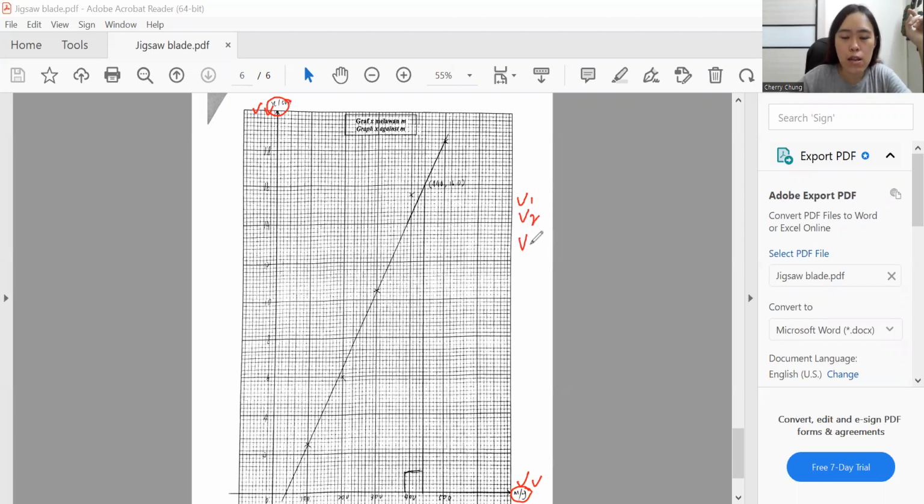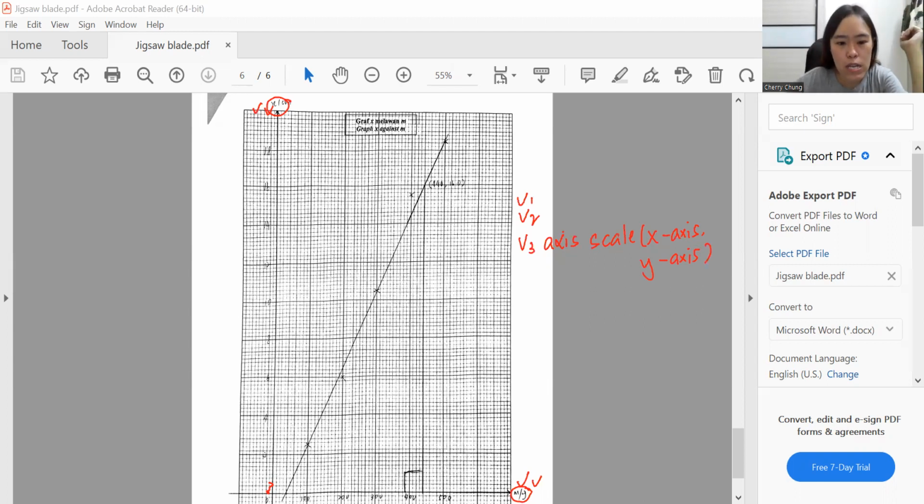The third tick will be your axis scale, which means your x-axis scale and your y-axis scale. Remember, for physics, there is no uneven scale on your graph. You cannot go 5, 6, 7, 8 like that. No, cannot. You must be consistent.